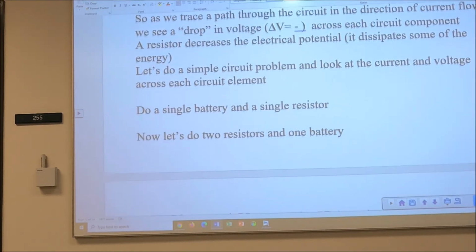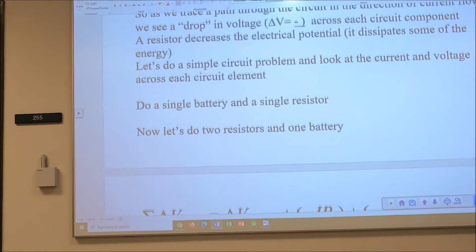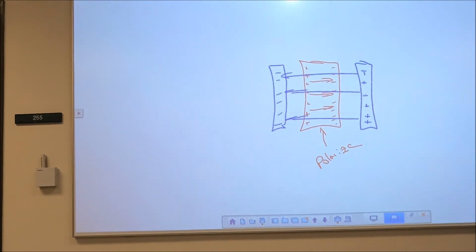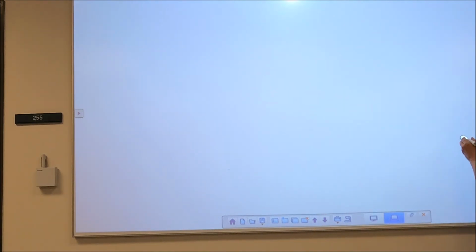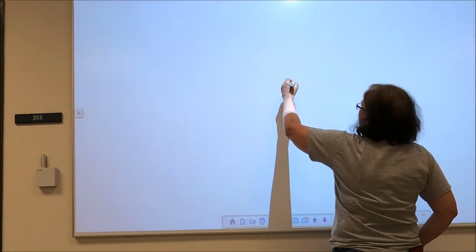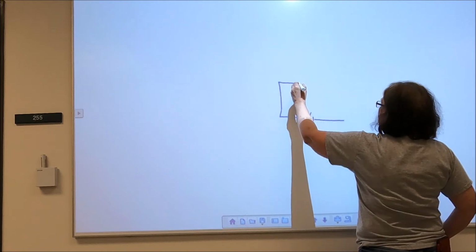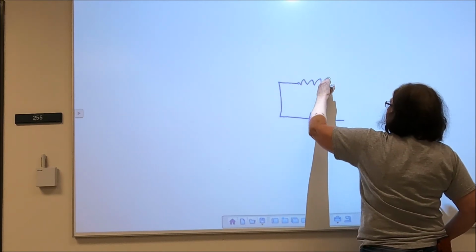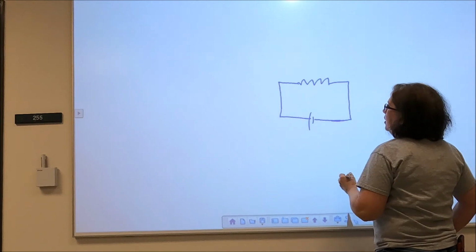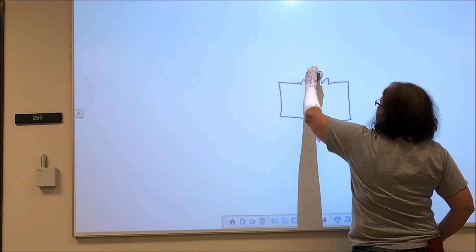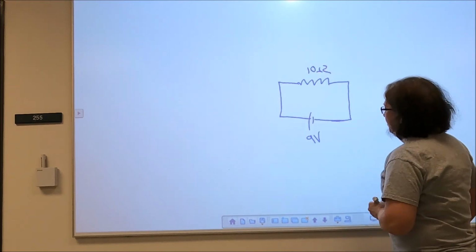All right, let's start with a single resistor and a single battery. Now let's make this a 9-volt battery, and let's make this a 10 ohm resistor.